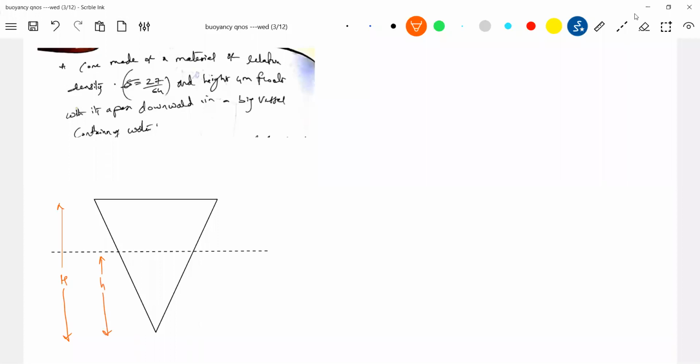What do you mean by relative density? Density of the substance with respect to water, no? Specific gravity or relative density, both are the same. 27 by 64.